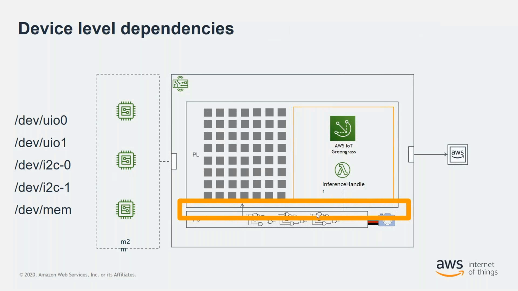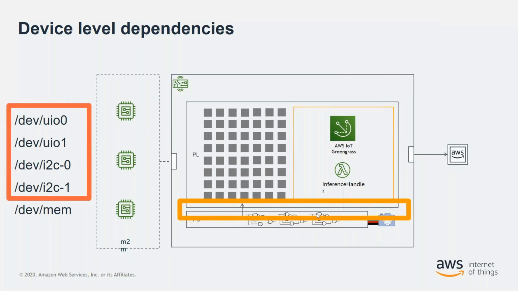In order to do this kind of invocation, you do need to open up certain devices on the Linux system that are named on the left-hand side in order to interoperate with the FPGA in this case. So Greengrass has all those protections for that kind of invocation configuration already built into it.